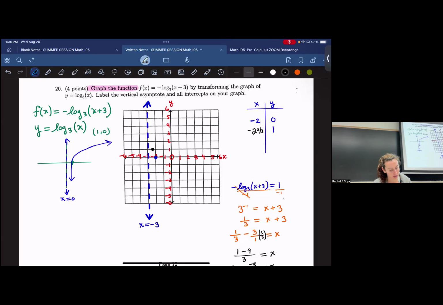So now let's draw it. Like, why is it looking weird? And then I was like, oh, it's because it's negative log, so it's reflected. Okay, so it's gonna look something like this.